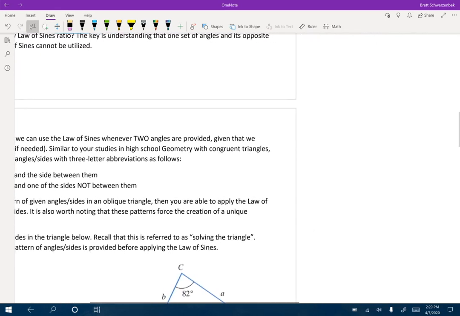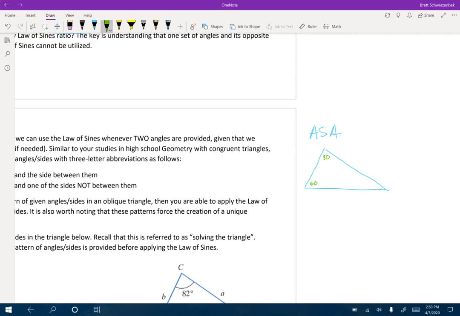So what is ASA exactly? If you have a triangle that looks like this, and you are provided with two angles in the triangle as measures, let's say this was 80 and this was 60.